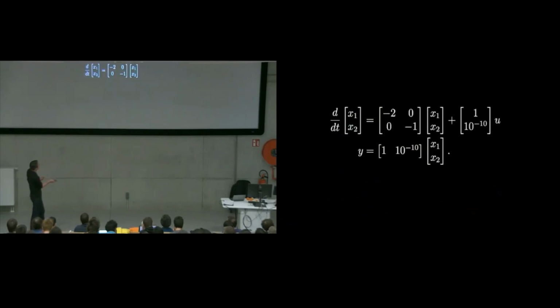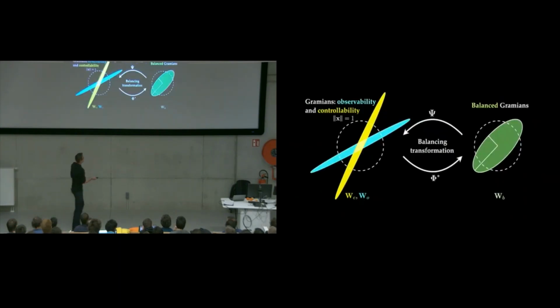So if we go back to this system, the x1 state is far more controllable than the x2 state, and the x1 state is far more observable than the x2 state. And so that would basically say that certain directions are much more observable and controllable than others.